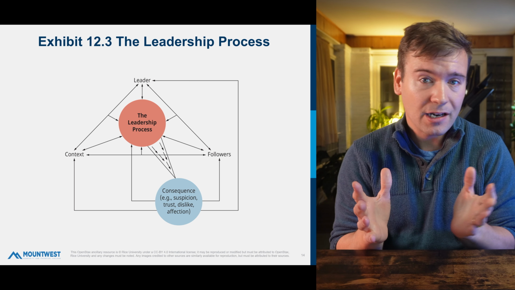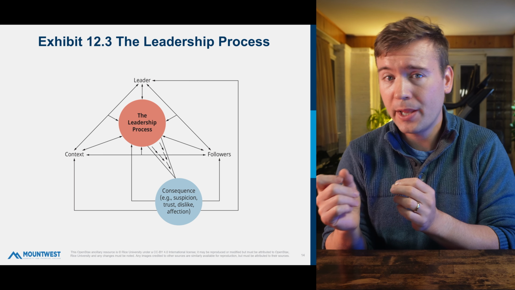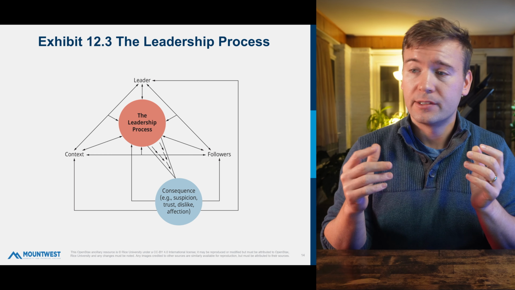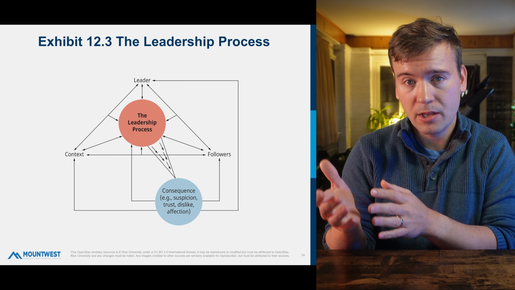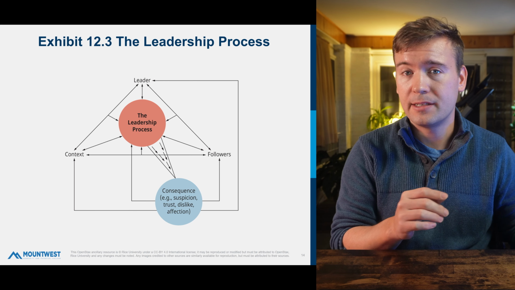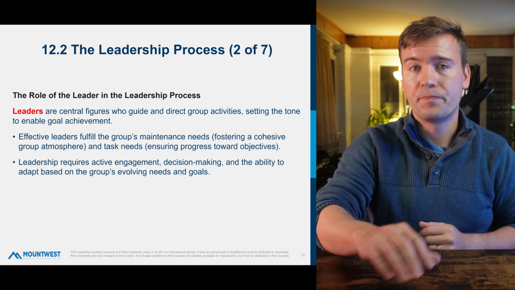But the arrows are what's important. The arrows demonstrate the dynamic interplay between all of these elements. It's also important to note that the consequences of the leadership process can be positive, like trust and affection, and they can be negative, like suspicion and dislike.